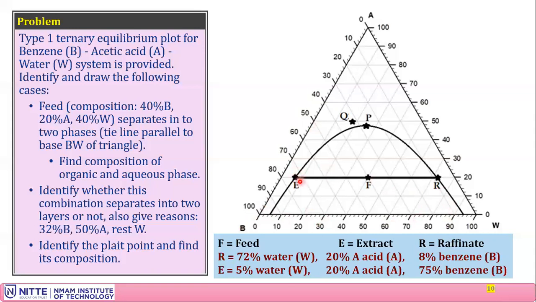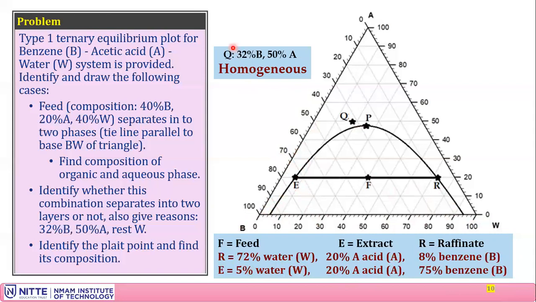Similarly, you have to find out for E, that is 5% water. E, water, W, opposite side. So here it is 5%, this line, and benzene, this line, it is somewhere about 75%, and the rest should be acetic acid.